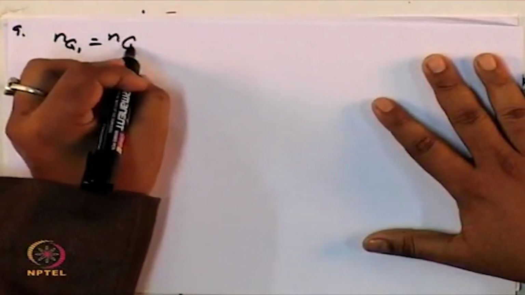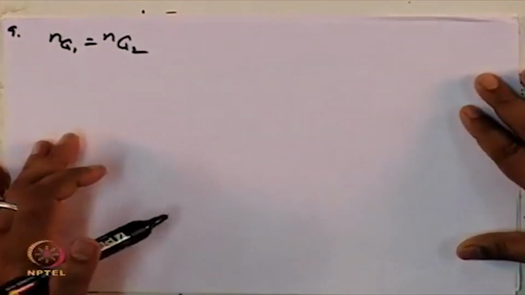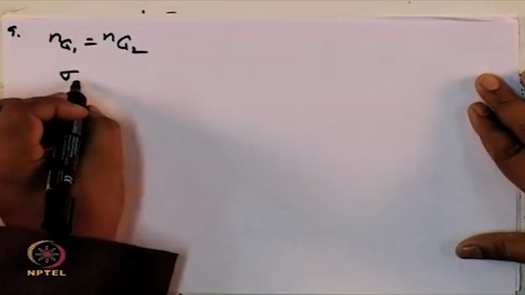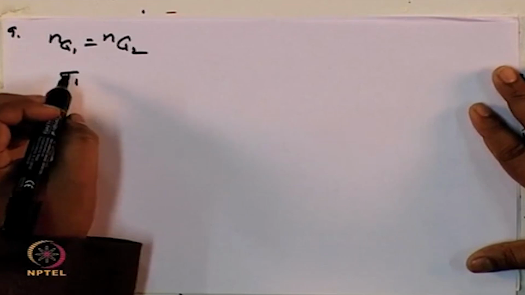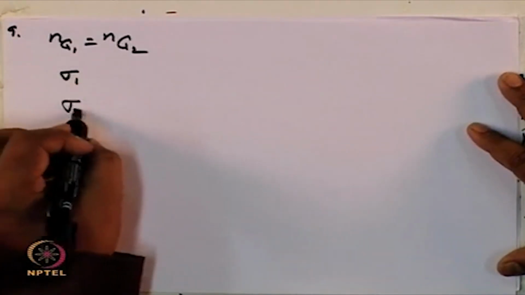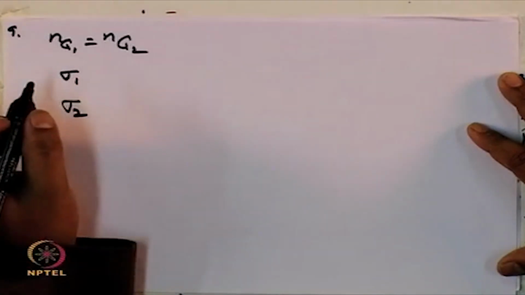So, what we are given is n of G1 equal to n of G2. You are also given the standard deviations. Sigma 1 is the standard deviation of the population for group 1, and sigma 2 is the standard deviation for the population of group 2.